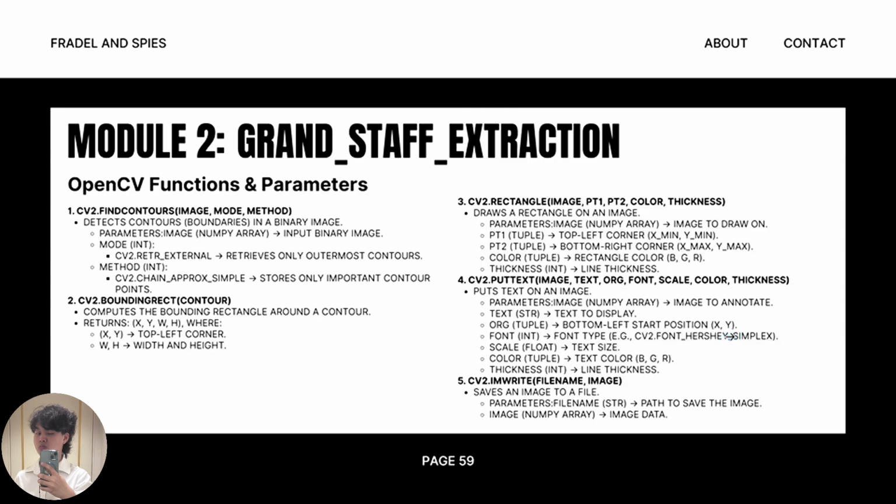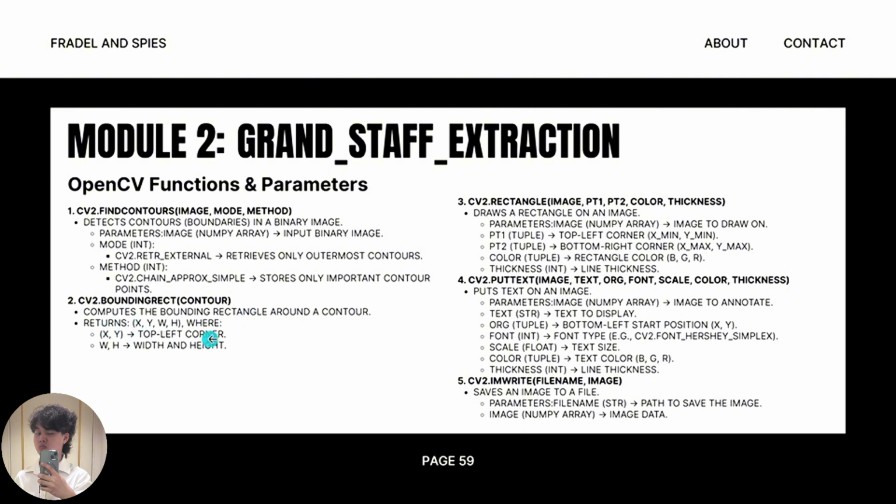OpenCV functions and parameters. We use findContours, with the parameters image, the input binary image, retrieval mode external, then approximation. Second one is cv2.boundingRect.